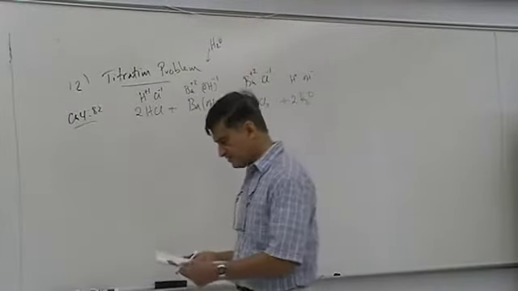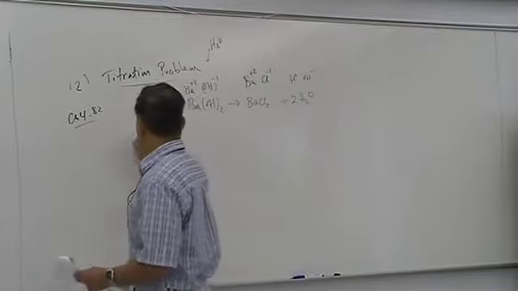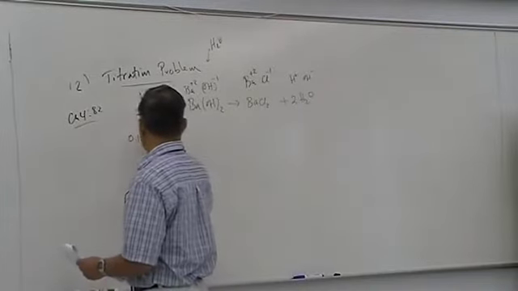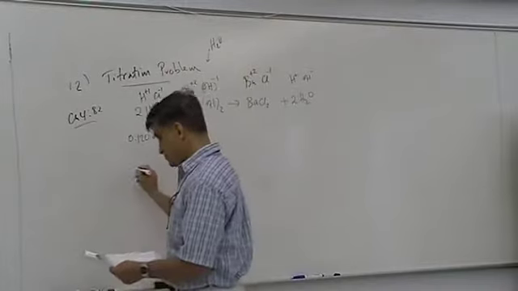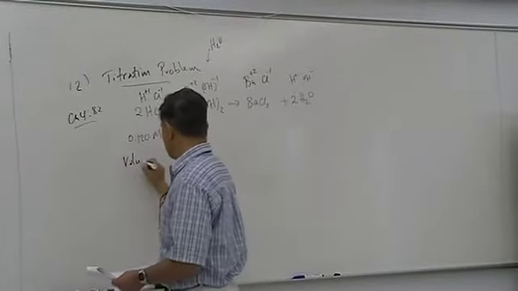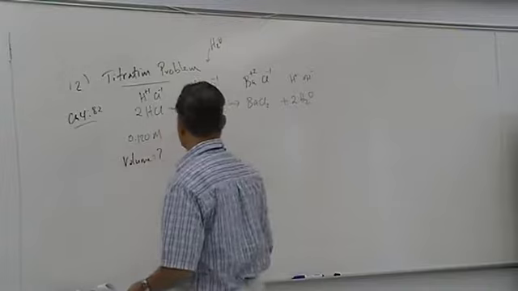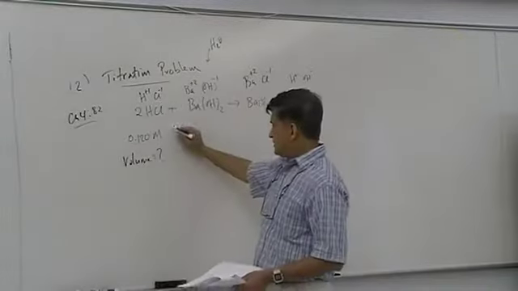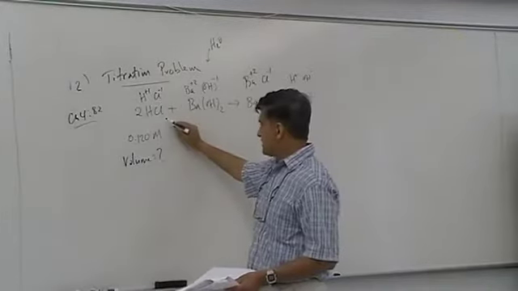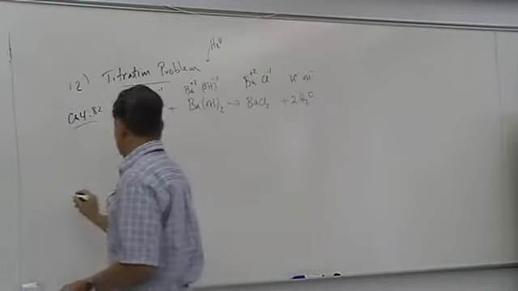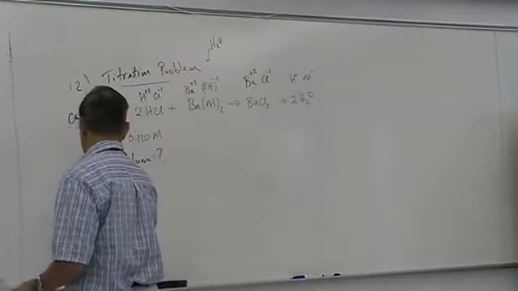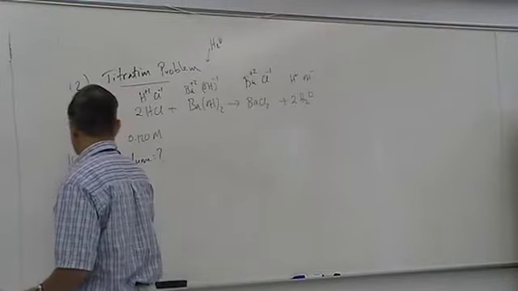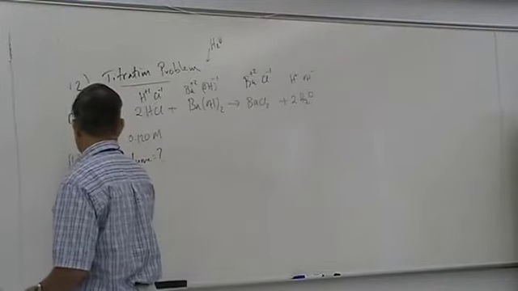Now what is given in this problem is 0.120 molar HCl, and what volume you need to take. So you are titrating with HCl. This is what you have, barium hydroxide. And from the top, you are adding HCl.